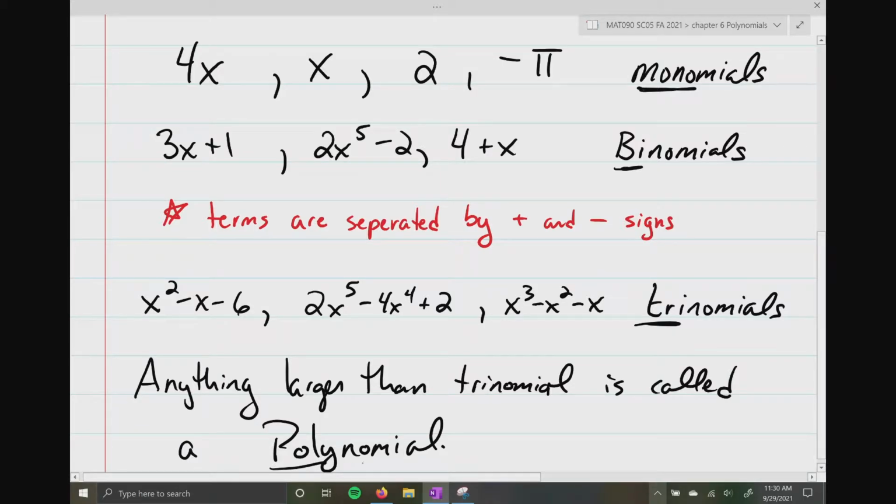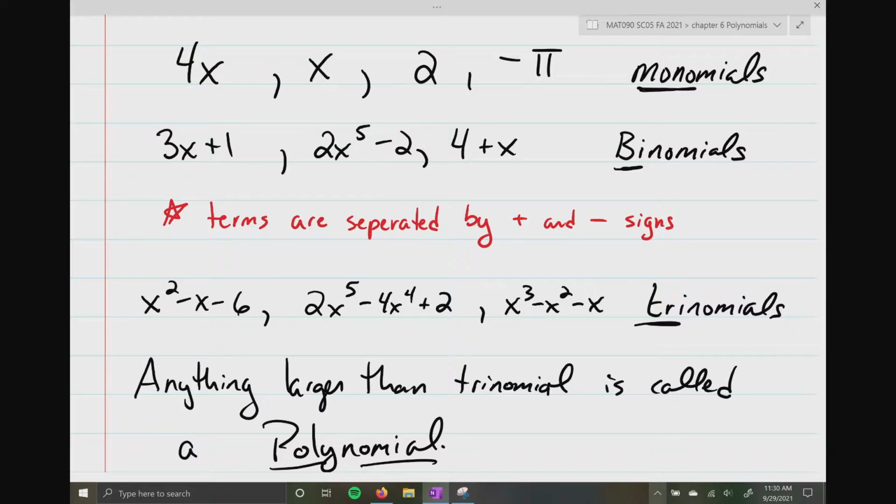And the reason for that, and I don't even know if this is the reason, I am literally just thinking out loud here. The reason why we really don't give them too many names is because once you get into these higher order polynomials, there is just one technique that we use to try to factor them. And it deals with the rational root theorem and the remainder theorem and all that stuff you would learn in MAT090, which is pre-calculus. If you took that with me, we would go over stuff like that.